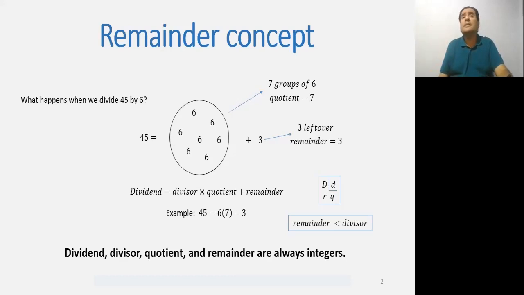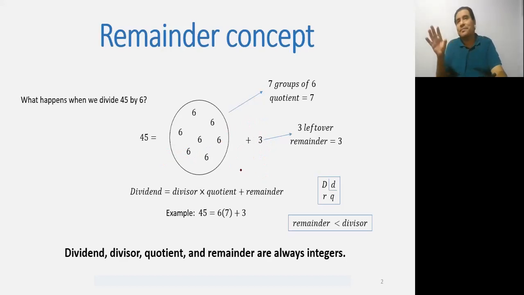You can't find an integer quotient when you divide 45 by 6. You can get as much as a quotient such as 7, because 7 times 6 is barely 42, but you have some left over, which is 3 units.